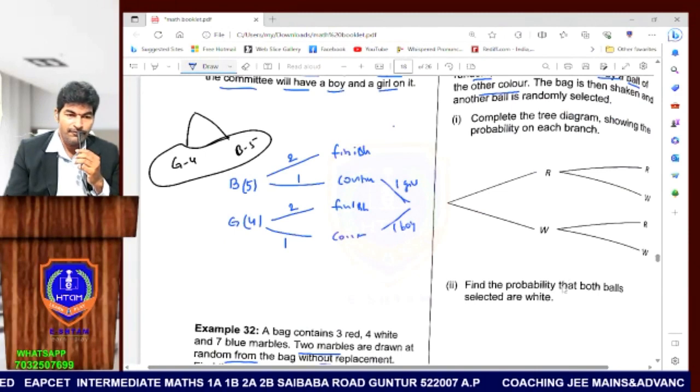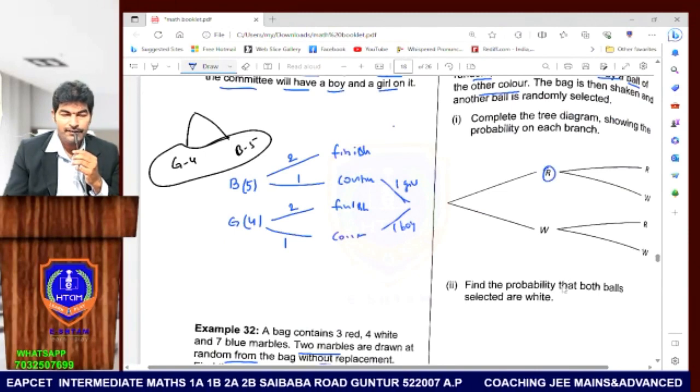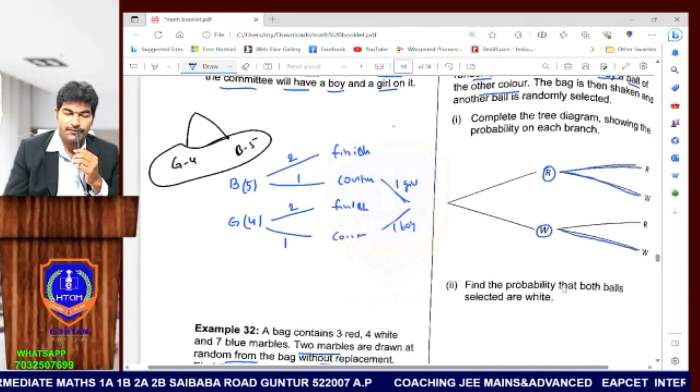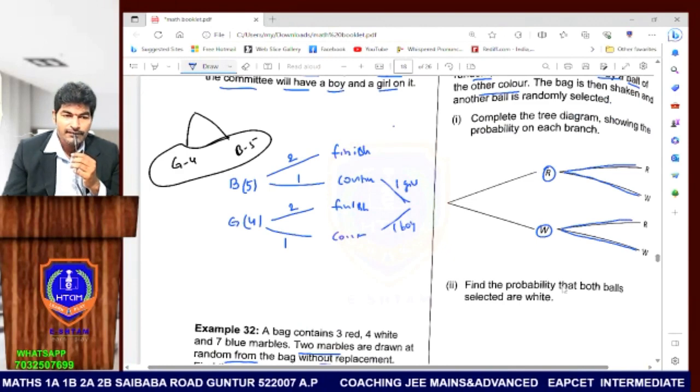One red drawn. So the red one is thrown away and a white ball is replaced. If you draw a white ball, then the white ball will be thrown and a red ball will be replaced with that. Understood? This is a tree diagram.